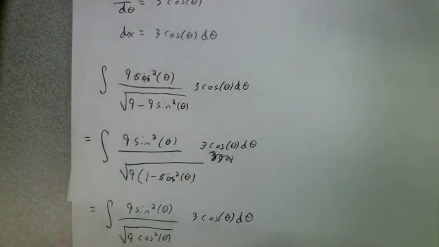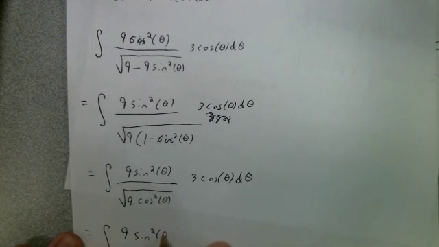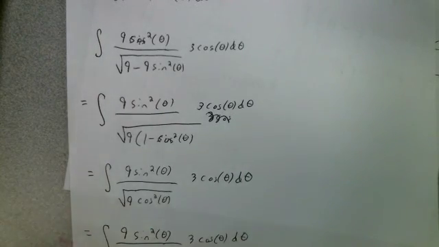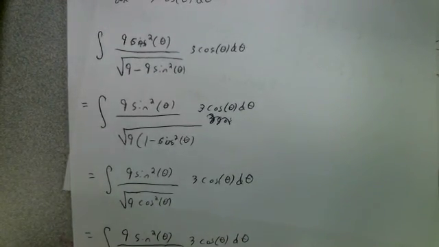And we'll say, great, the square root of 9 cosine squared will be 3 times the absolute value of cosine theta. But as per usual, we will actually be able to get rid of those absolute value bars. Just ignore them. And we'll end up with finding the antiderivative of 9 sine squared theta d theta.